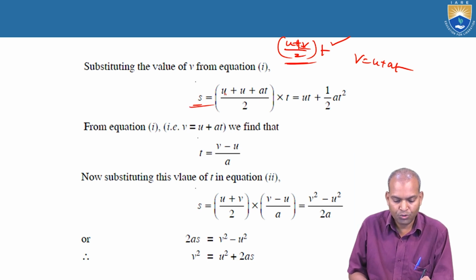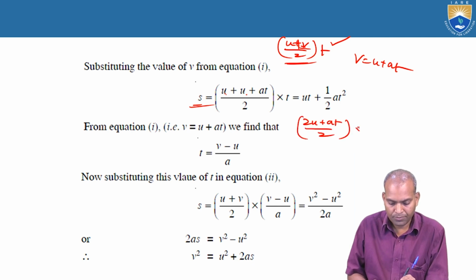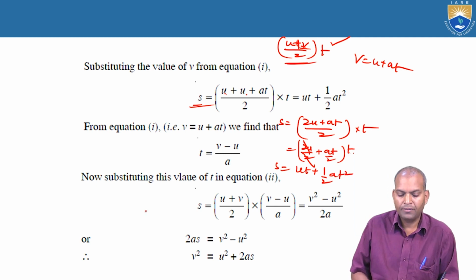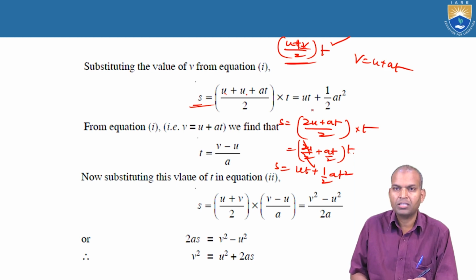If you simplify it, that is (2u plus at) by 2 times t, which is 2u by 2 plus at by 2 times t. Multiplying t inside the bracket, we get ut plus half of a times t square. So s equals ut plus half at square.